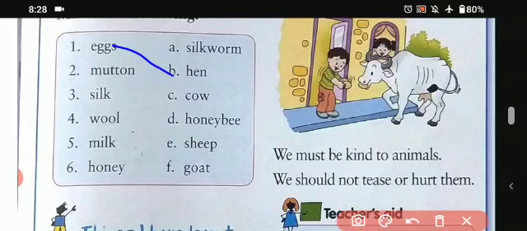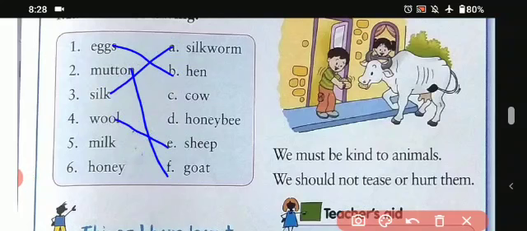We get the mutton from the goat. Okay, students? There is silk. Where do we get the silk? We get the silk from the silkworm. And there is wool. Where do we get wool? We get it from the sheep.